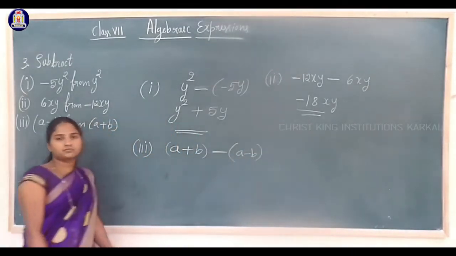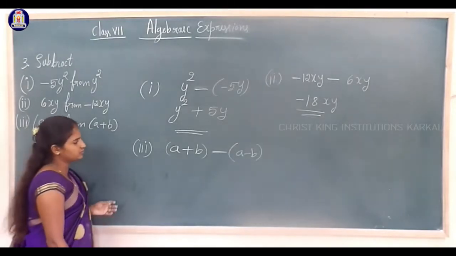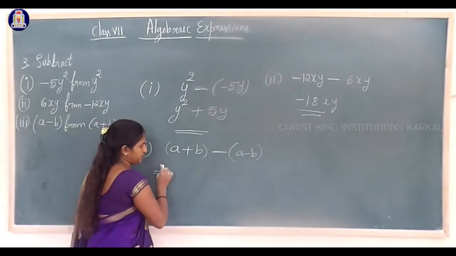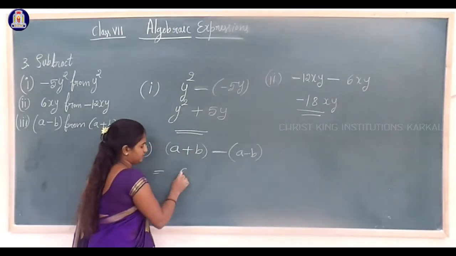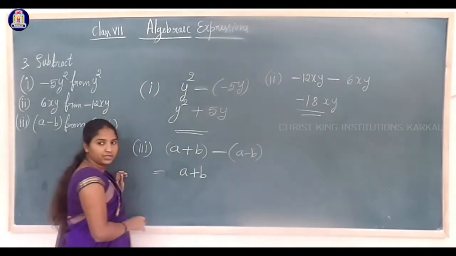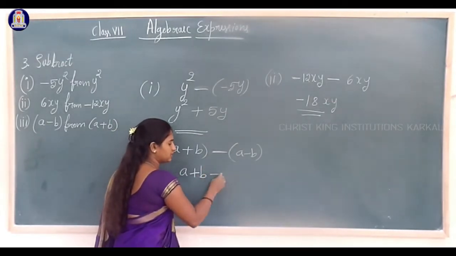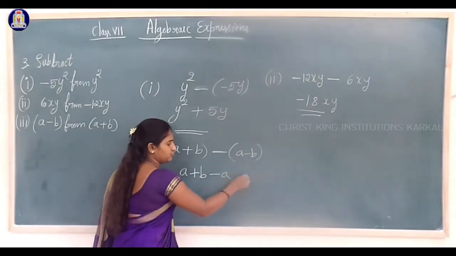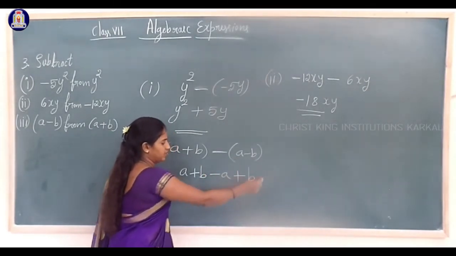So a plus b minus bracket a minus b. Now remove the bracket. Minus into plus, minus; minus into minus, plus.